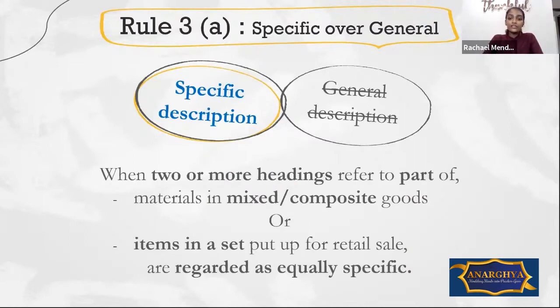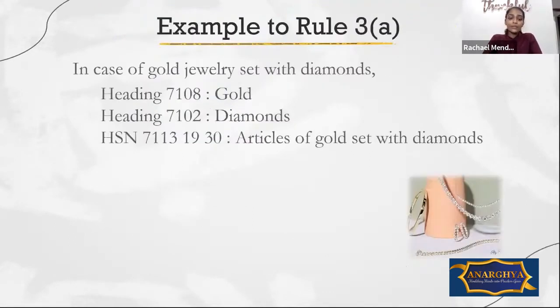So Rule 3A in short states that you must classify on the basis of specific description over general description. So our example of gold jewelry set with diamonds, we said that it has two components, gold and diamonds. So it can be classified under the heading of gold or under the heading of diamonds.